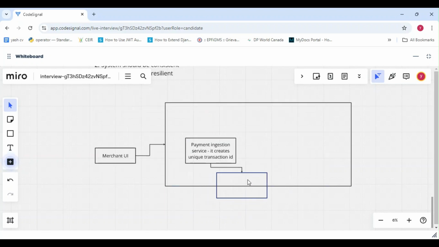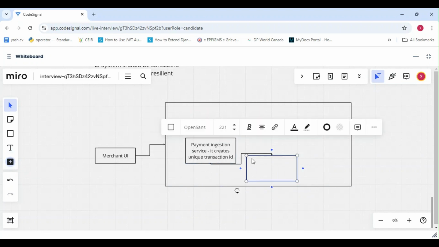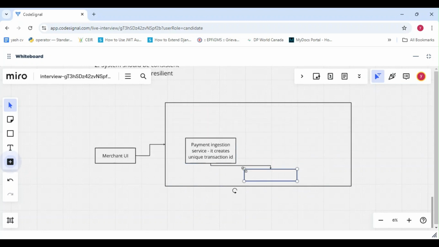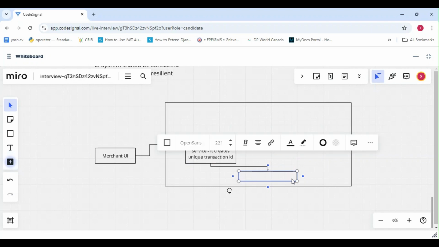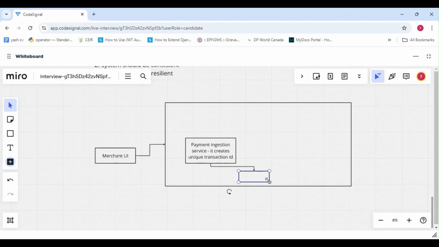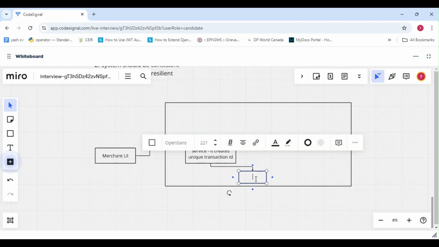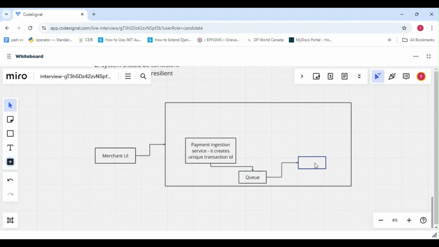Let me create a queue here. From the queue, we will have a consumer called the payment processor.